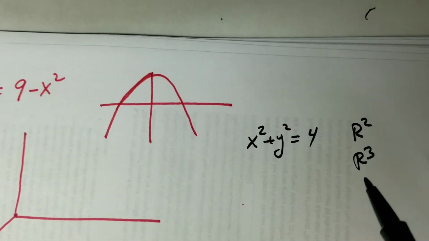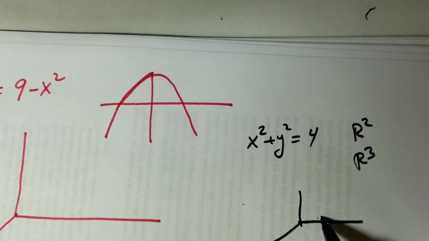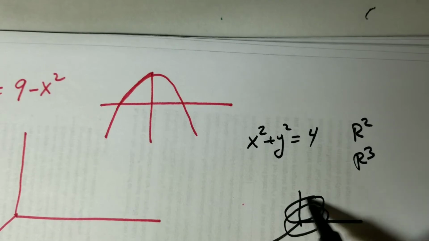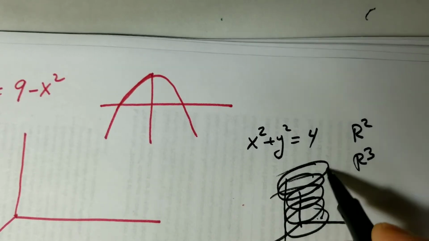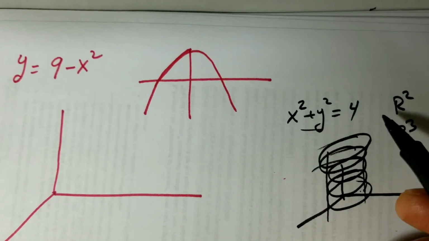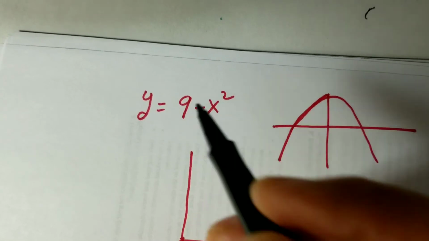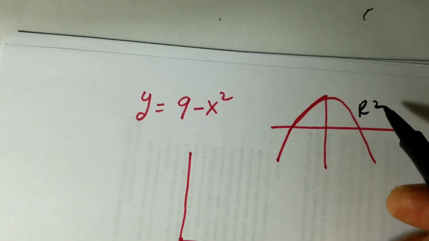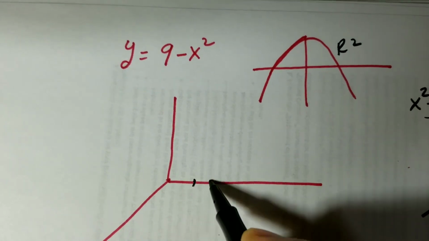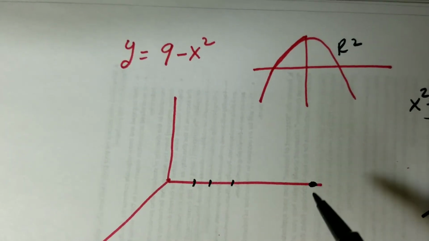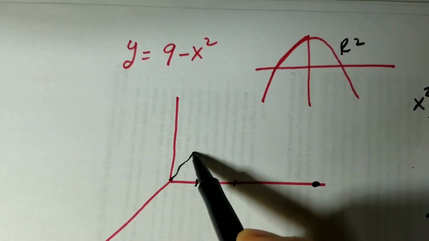In R3, you can graph this one as z equal to 0, z equal to 1, z equal to 2, z equal to 3, z equal to 4, and you get a cylinder. That is a cylinder in R3, but in R2 it is a circle. Here, it is a parabola in R2, but in R3 it is a cylinder, because your y is 9 when x is 0, and when y is 0, x is plus or minus 3.